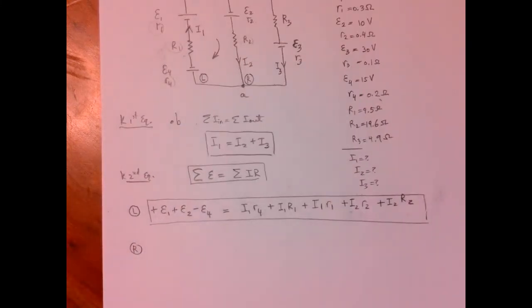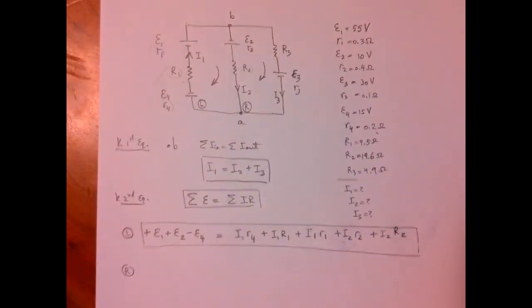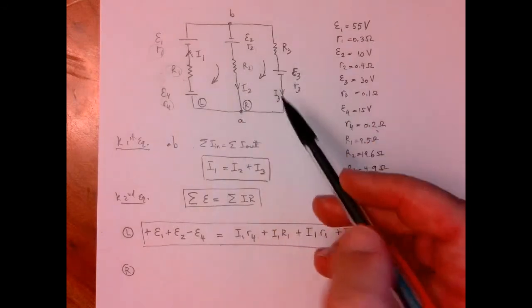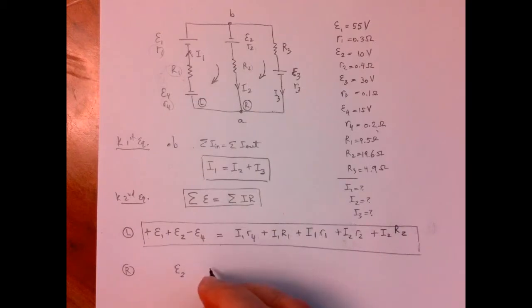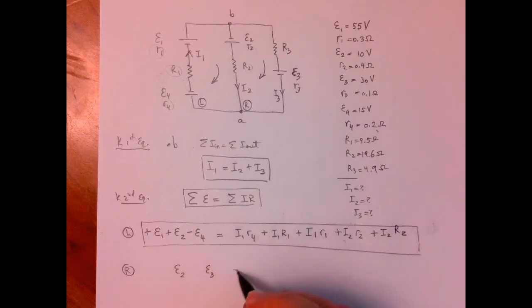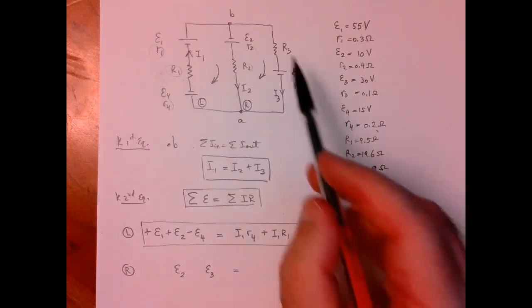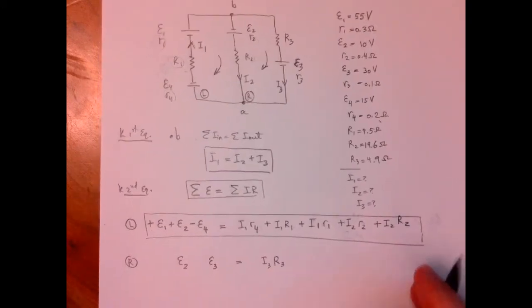We do this in the right loop. Let's continue going clockwise. I'm listing all the batteries around this loop, and I have two batteries, E2 and E3. And on the right hand side I have a bunch of IRs: I3 R3, I3 r3, I2 R2 and I2 r2.